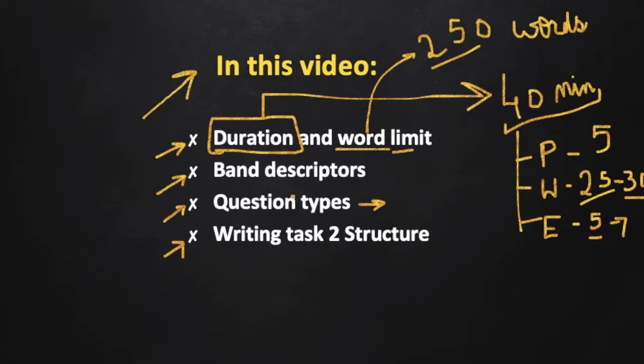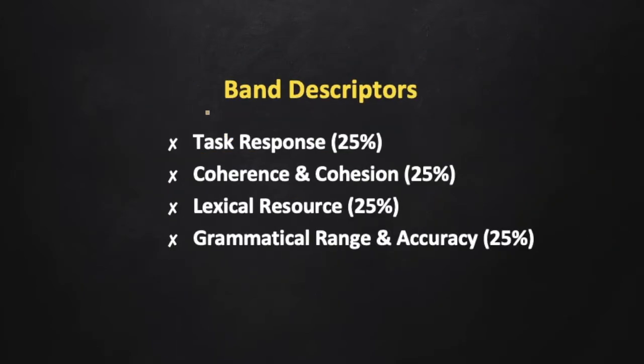Now let's take a look at the band descriptors, which are the evaluation criteria. And as you can see, all the criteria carry 25% weightage. The first criteria is task response. Now, task response is whether or not you have completed the requirements of the task, right?